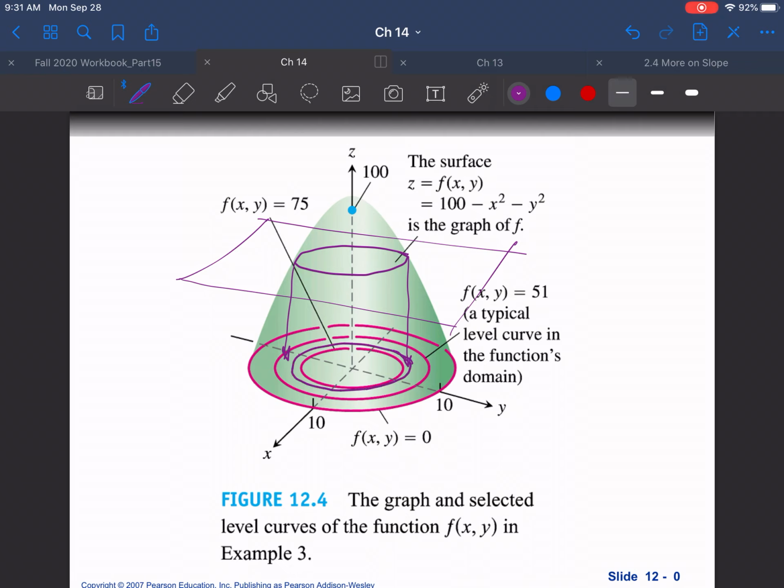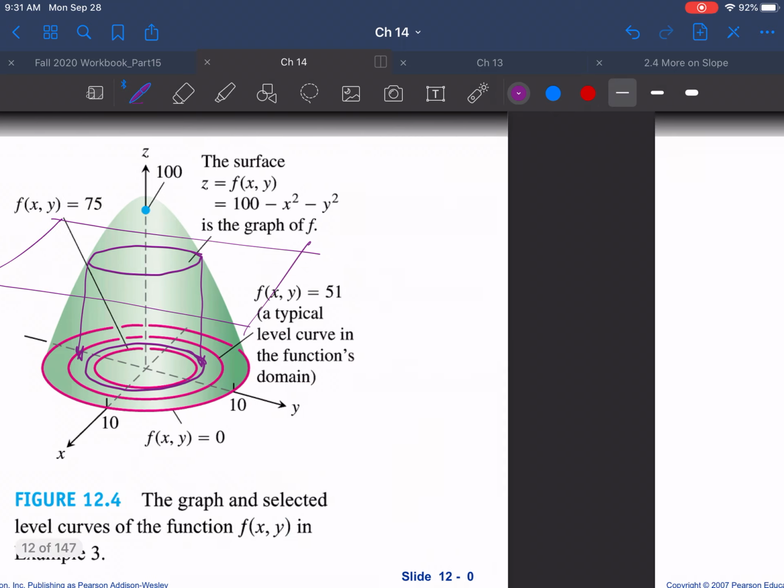You can see they've drawn out a few different level curves for specific values of z. And that's essentially what they're doing: they're projecting that value down onto the xy plane.